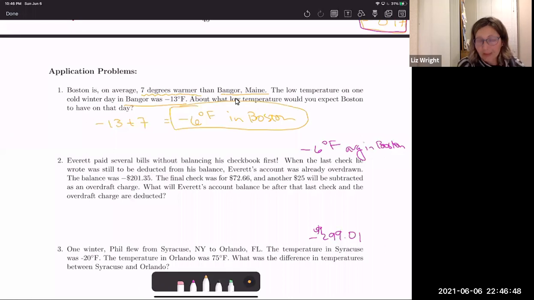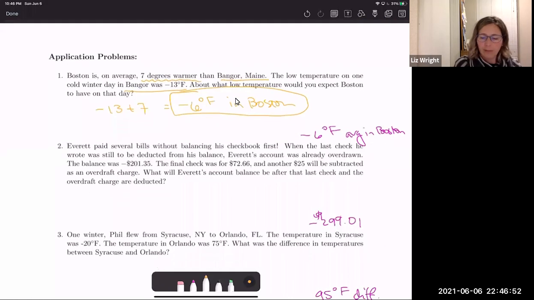Let's go to Boston. My husband spent some time on the East Coast. That made it sound like he was a convict. He is not a convict. He spent some of his childhood on the East Coast. And I don't know if you know this about the East Coast, but apparently if you go to Dunkin' Donuts and ask for a donut with sprinkles, they're going to look at you like you're a crazy person.